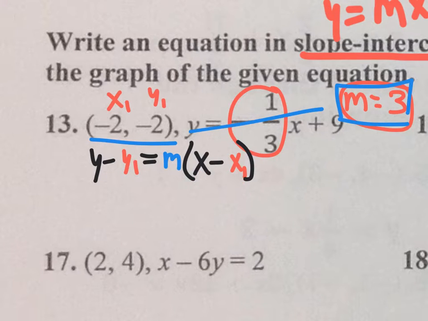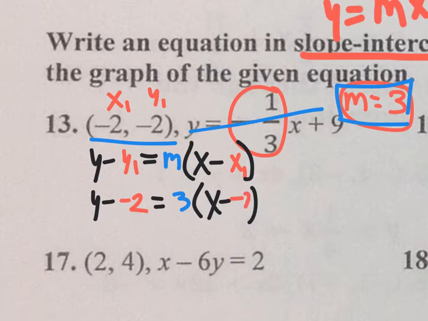Okay, so I'm going to take my y minus y1, it's going to be y minus, and what is my y1 value? Negative 2. Okay, equals m, what's my m value? 3. There you go, piece of cake. Parenthesis x minus what? Negative 2 again. Okay, so on both of these, the minus minus has to change to plus plus.